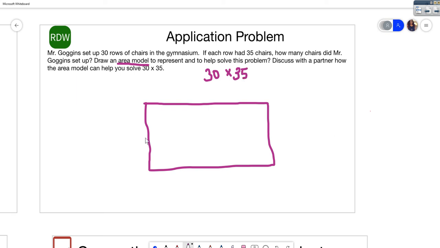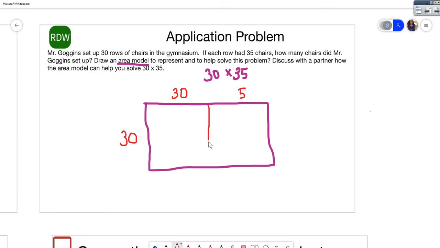And what we're going to do is go ahead and put it into our shape. So I'm going to switch colors because on this side, I'm going to put 30. That means that the length of this shape will be 30. But the width, we're going to break it apart because we know we will be multiplying 30 times 5 in the 35 and 30 times 30 in 35. We could break 35 into 30 over here and 5.